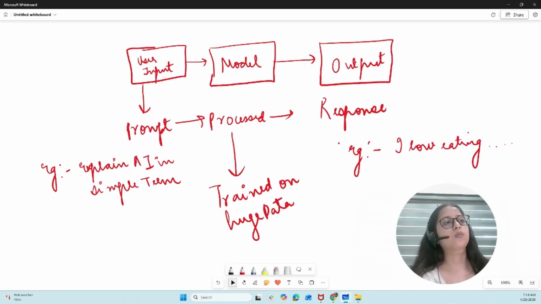So you must think what she loves eating. Pizza, pasta, burger, what? Right? That is exactly what AI does. It looks at the pattern and predicts the most likely next word. So instead of thinking, it is just predicting. Okay? That is why sometimes AI gives very good answers and sometimes it makes mistakes.